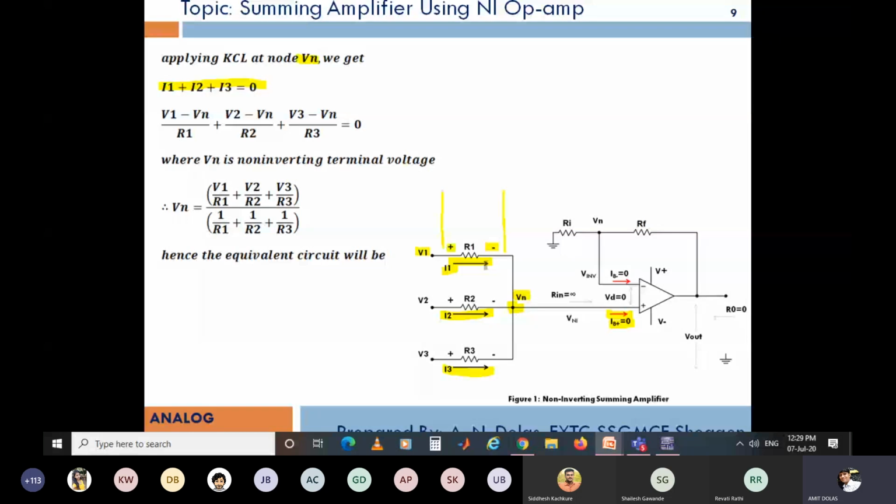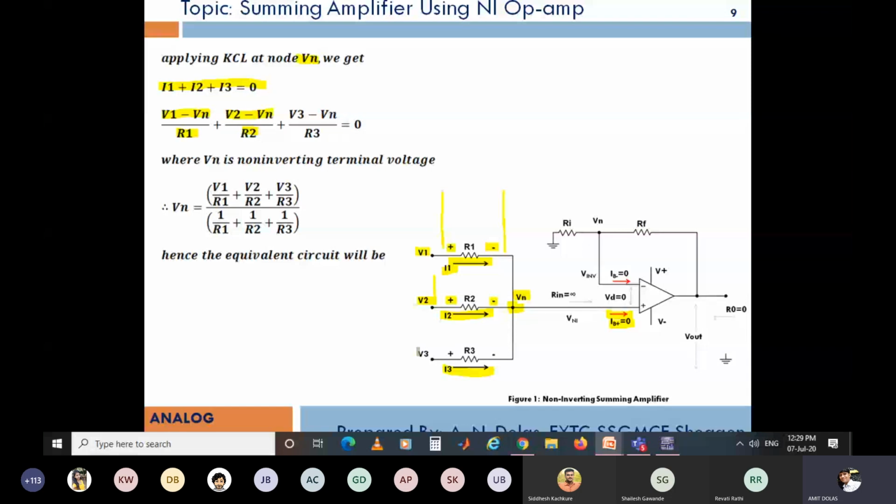So I wrote V1 minus Vn divided by the resistance itself, that is R1, plus I'll write for I2. For I2, this value is V2 and this value is Vn. That's why positive here and leaving is negative. So V2 minus node voltage Vn divided by R2 will be your second current.